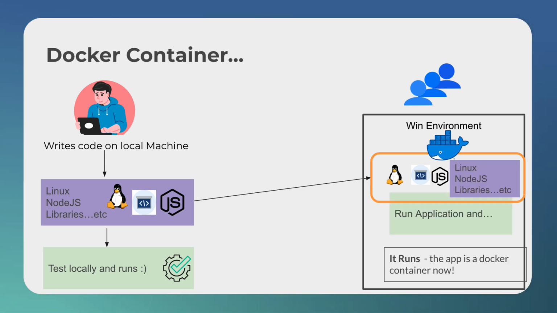When they run this application, it's going to be able to run because the Docker container has all of this environment set up for this application to run, independent of what environment they actually have. In this case, a Windows environment. It doesn't matter because this container here, as you can see, has everything that is needed for this application to run. That is the power of Docker.